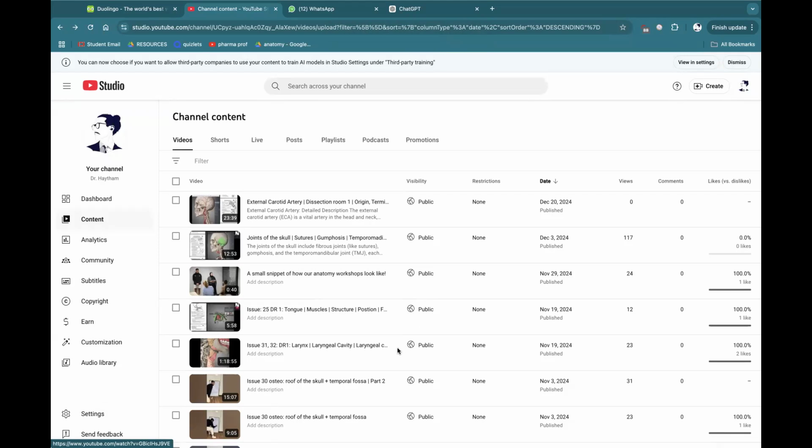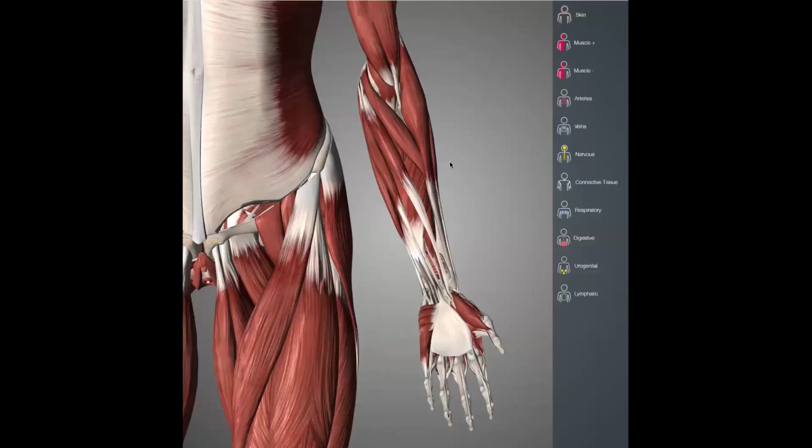Let me just check something. Yes. All right, good. Okay, so I think let's do it this way because it's easier. Okay, so let's do it this way.